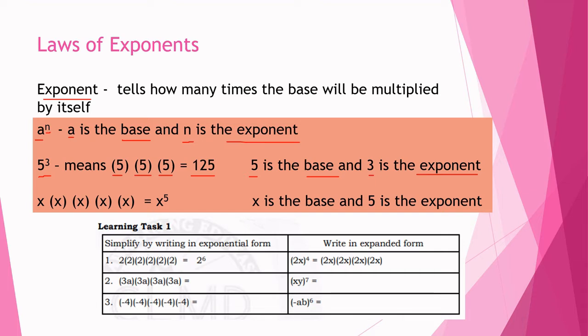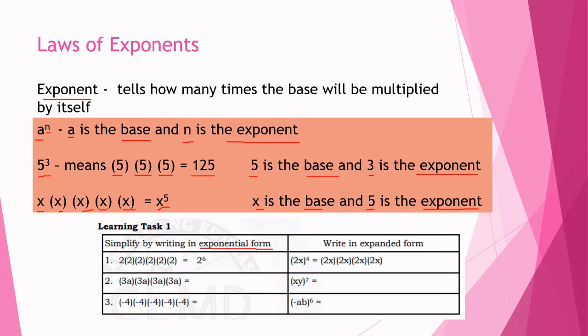Now, if the variable x is multiplied by itself 5 times, let's say x times x times x times x times x, we can write it as x to the 5th, where x is the base and 5 is the exponent. Now, for learning task 1, on the first column, you're going to simplify by writing in exponential form.